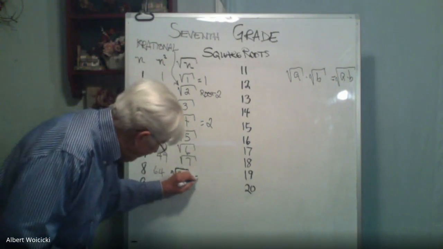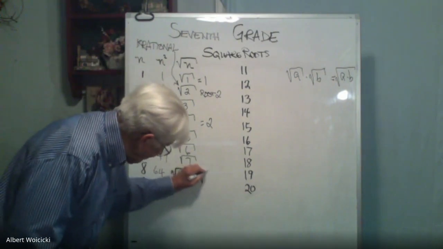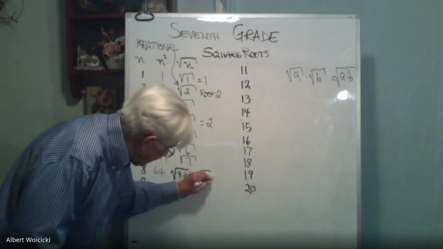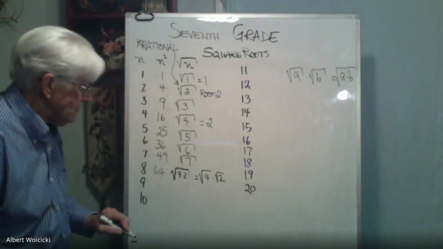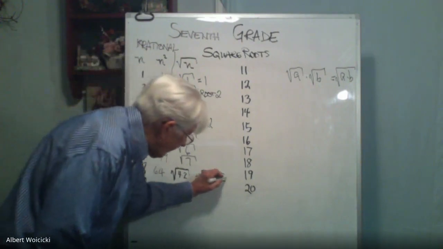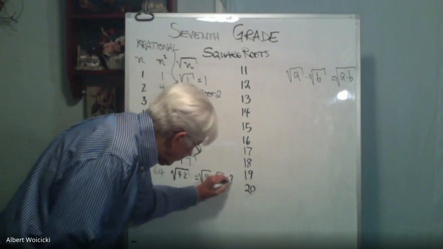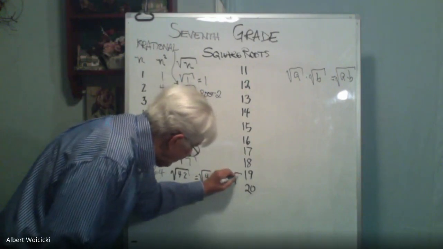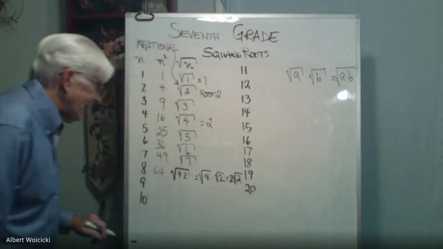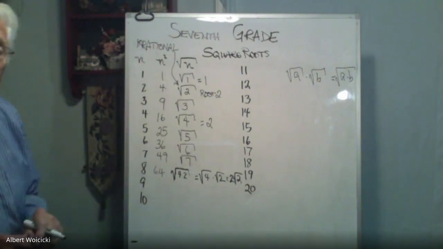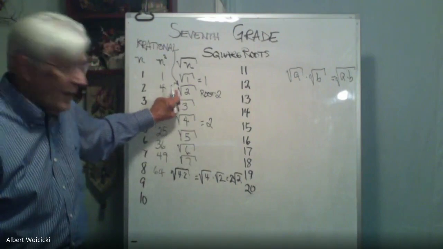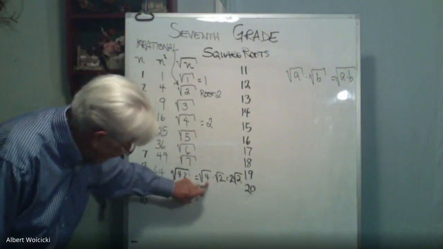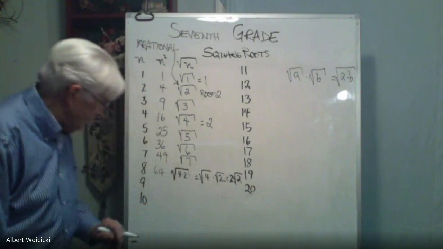So that means I have the square root of 4 times the square root of 2. So that equals what? 2 times the square root of 2. So I get 2 root 2. The square root of 2 stays inside just like it did up here, but the 2 came out because the square root of 4 became the 2.